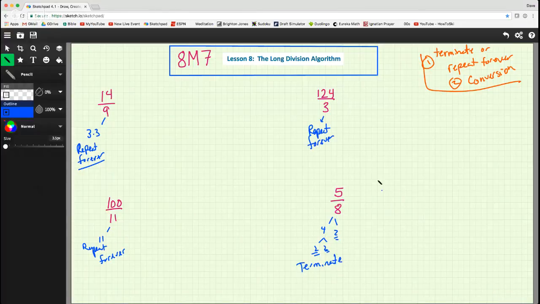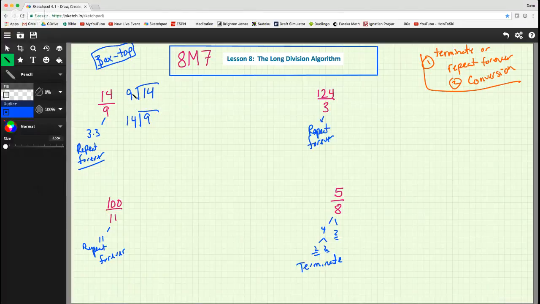Okay, now we've done that little piece of work, so let's do our long division. Remember box top. I showed this in an earlier lesson. Is this 14 divided by 9, or 9 divided by 14?